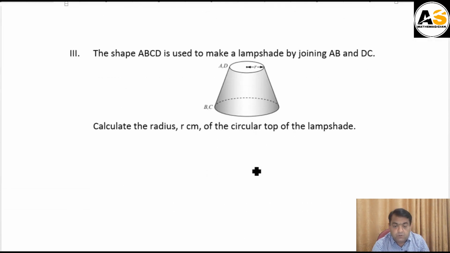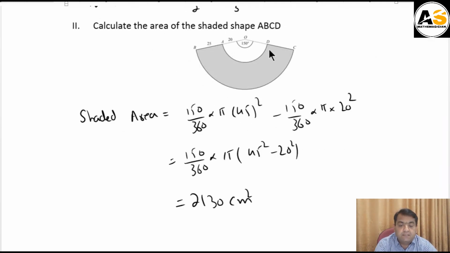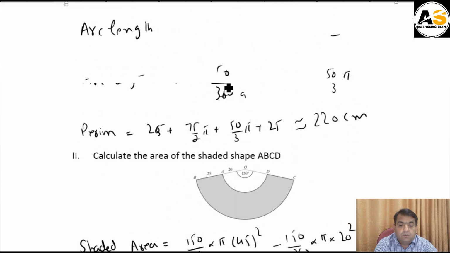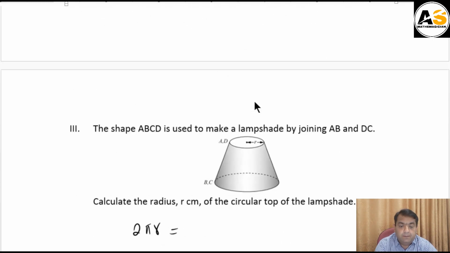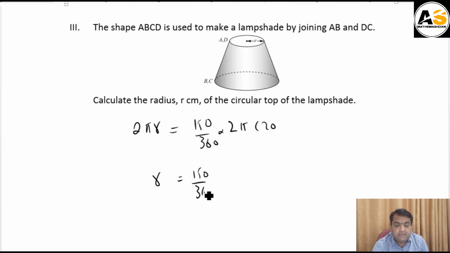Circumference 2 pi r is equal to arc length AD, which was 150 over 360 into 2 pi r. Upon simplification, r is equal to 150 over 360 into 20. And this r will be 8.33 centimeter.